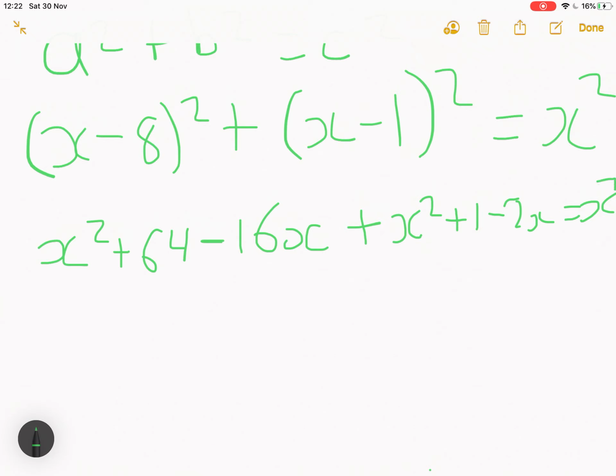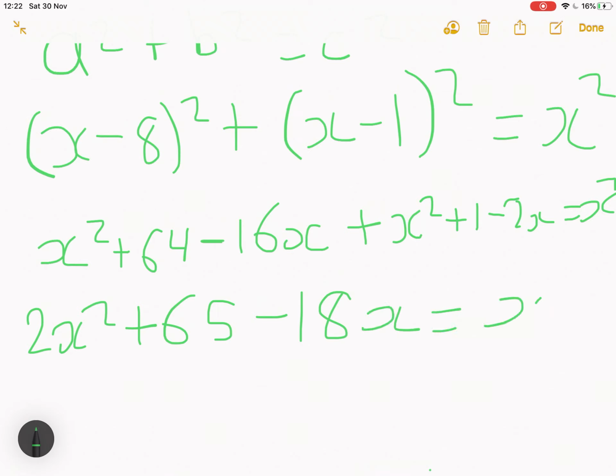Now we can simplify this equation further and add all our like terms. So now we have 2x squared plus 65 minus 18x equals x squared.